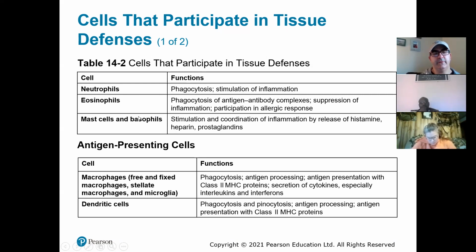The difference between that first table and the second table is that in the second table, you have macrophages and dendritic cells, and macrophages and dendritic cells can serve as antigen presenting cells. So these APCs are just non-specific white blood cells, but they can chew up something, take the surface marker, hold it up on their own cell, and in doing so, activate T cells, right? That's what macrophages and dendritic cells can do. Neutrophils, eosinophils, and basophils cannot do that.